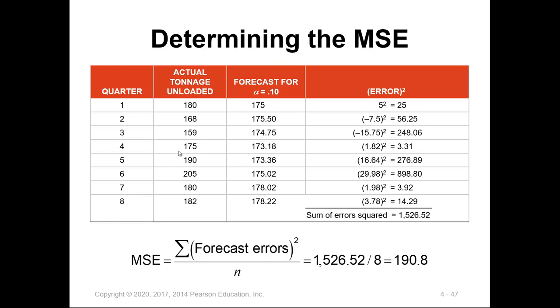If we calculate the one for alpha equal to 0.5, we will find that MSE is equal to 195.20, which confirms that using alpha as 0.1 is better since it has lower MSE, which is the same conclusion we had using MAD.